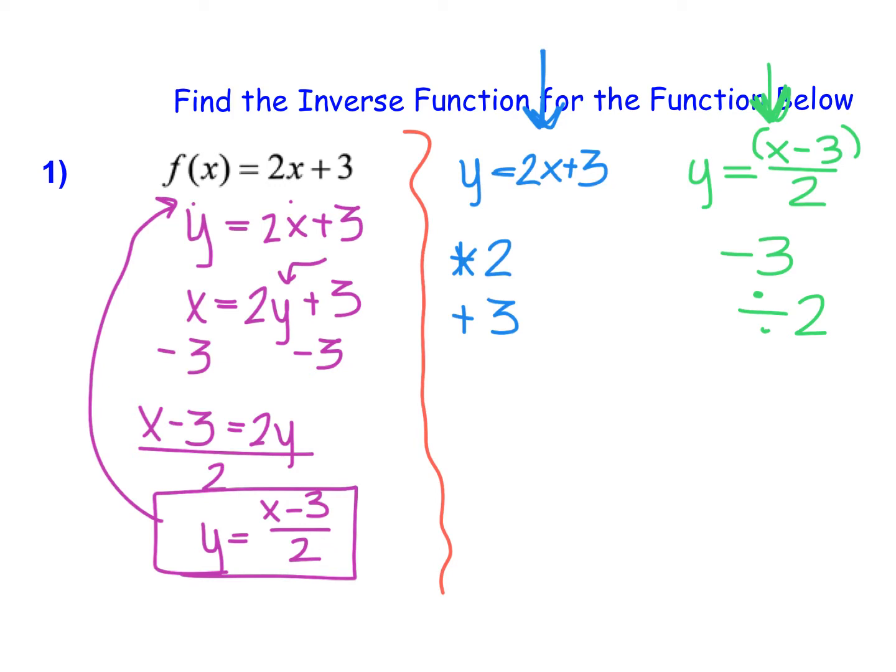This one contains a multiplication of 2, while this one contains a division of 2. This one contains an addition of 3, and this one contains a subtraction of 3. So we have basically the undoing operations in each function. The other thing I notice is that they come in the exact opposite order. Where this one multiplied first and then added, this one subtracted first and then divided.